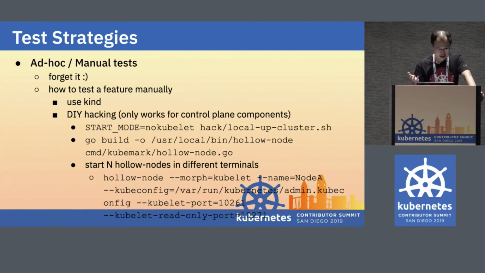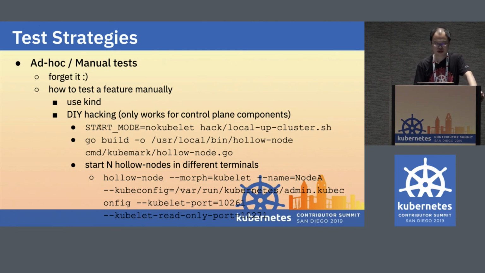And okay, I forgot to mention ad hoc, or so-called manual tests. Personally, I'm a little aggressive, I didn't use manual tests to test my feature. But if you want, you can use some mechanism like kind. If you don't know, kind is a way to quickly spin up a local cluster based on your source code.